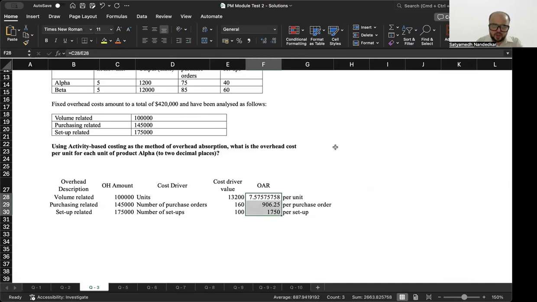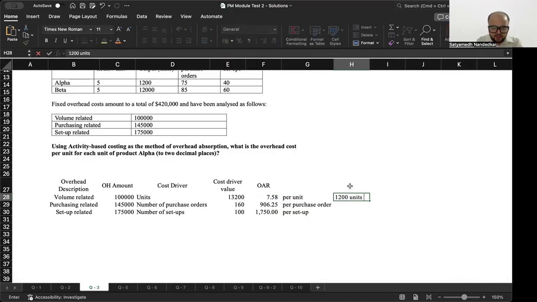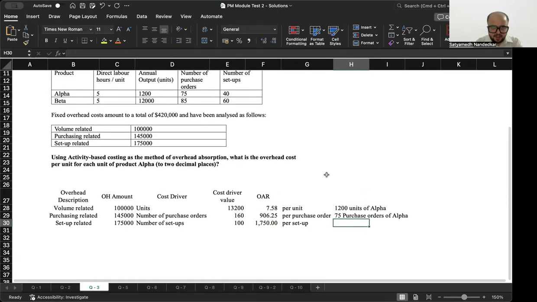Here, the overhead absorption rate is what we have calculated, 7.58 per unit. You have 1200 units of alpha. Then you have 75 purchase orders of alpha. Then you have 1750 per setup, right? How many setups do you have? 40 setups of alpha.